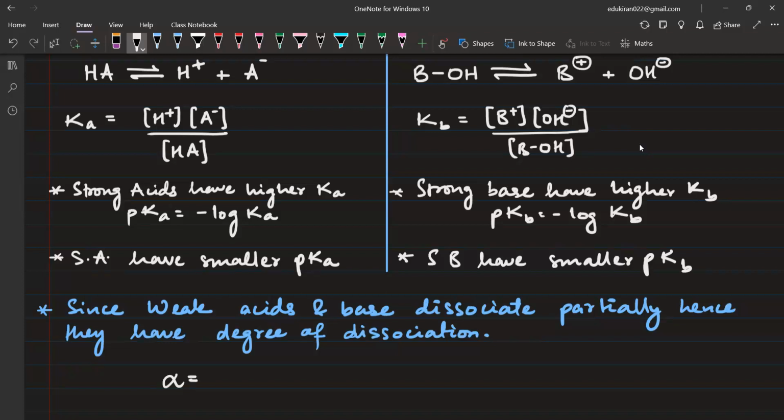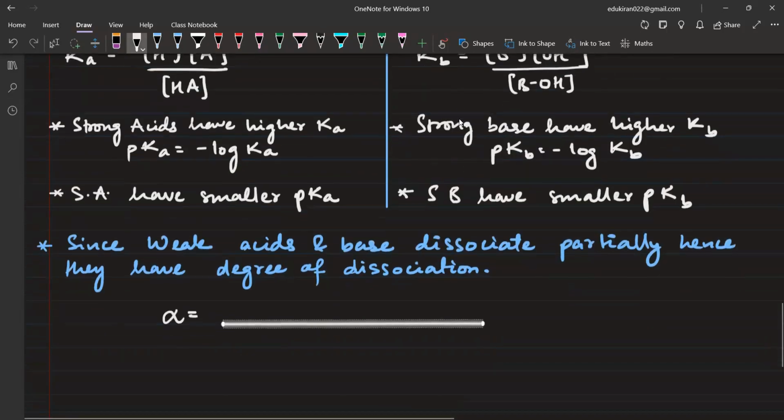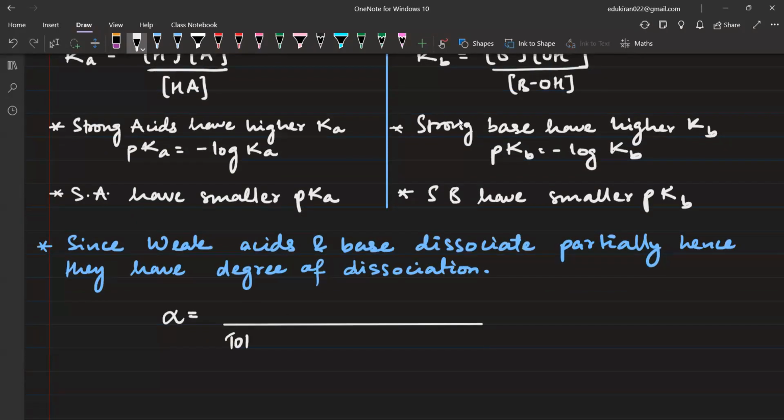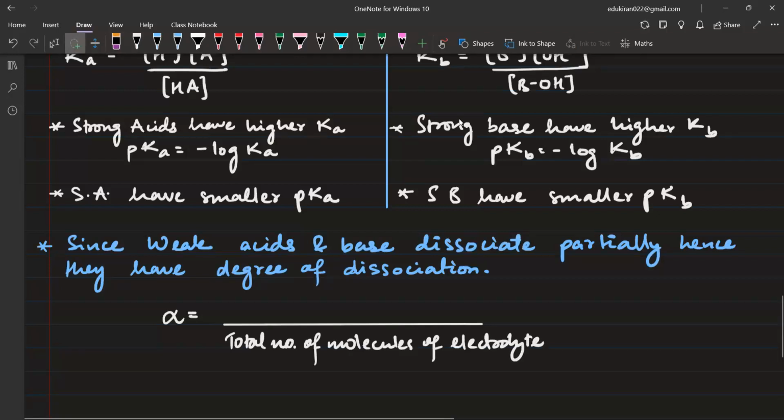क्या होता है alpha? See, there is certain amount of molecules of acid or base we are going to take, और उसमें से कुछ are going to dissociate. ठीक है, so we will write total number of molecules of electrolyte. ठीक है, so we have taken a certain amount of electrolyte.